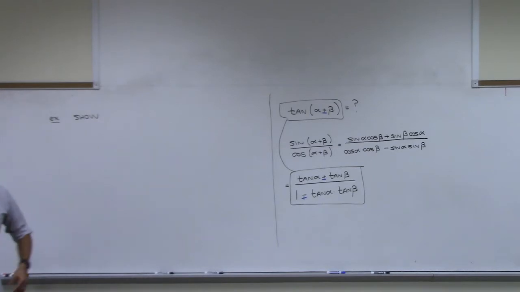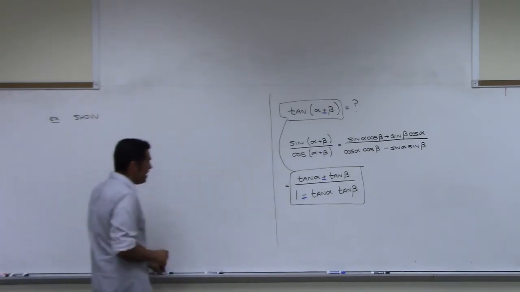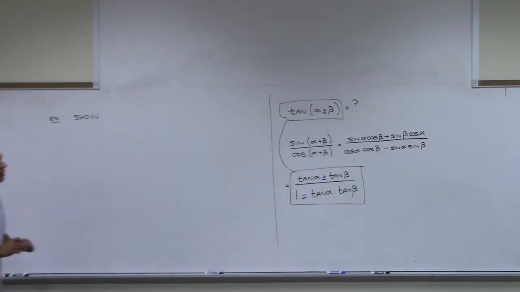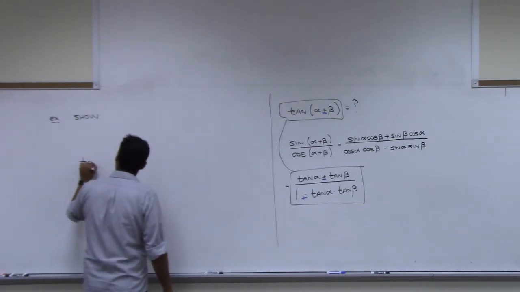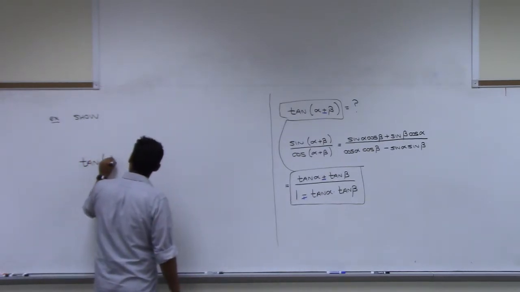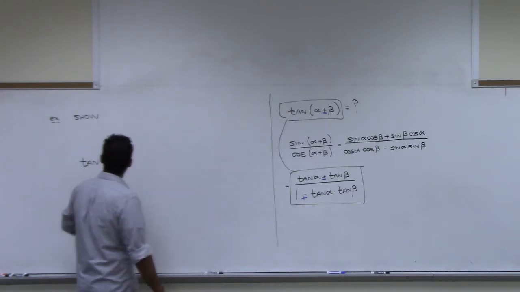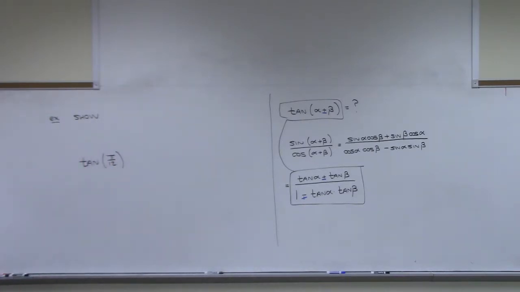Now here's why I wouldn't necessarily ever really need this formula. Let's say someone wanted to know what tangent of pi over 12 was. That was that one we did earlier, right? Didn't we do sine of pi over 12 or cosine of pi over 12?